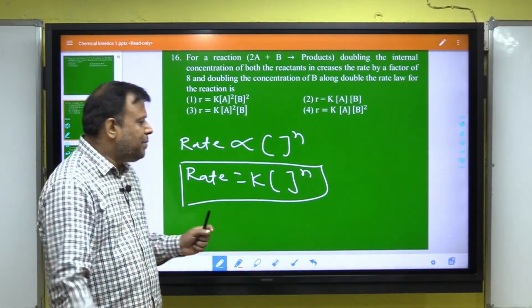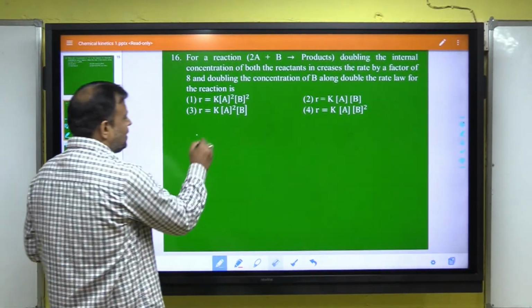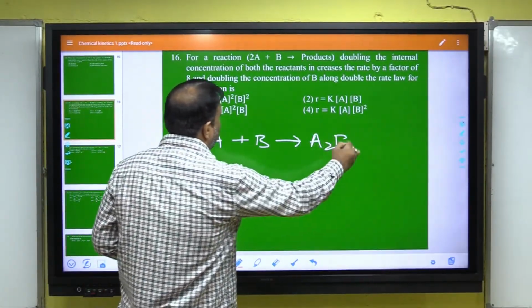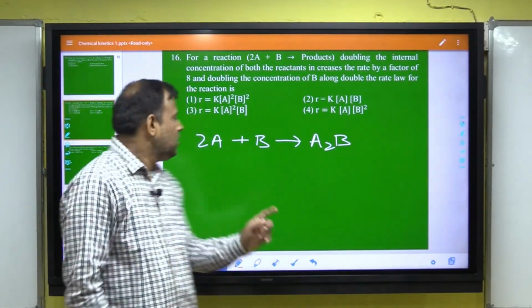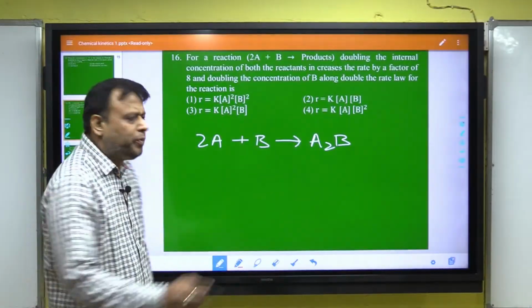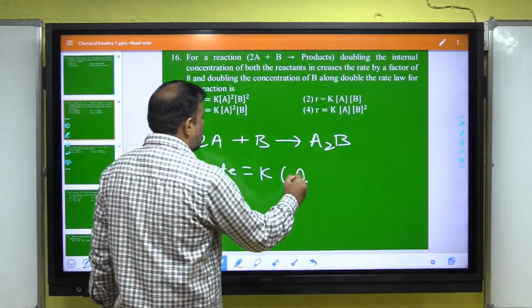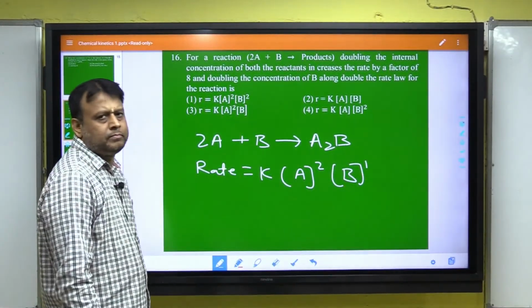In case of elementary, listen, if the reaction is 2A plus B convert into A2B, a simple addition reaction, the experimental rate is equal to K, conc of A to the power 2, B to the power 1.